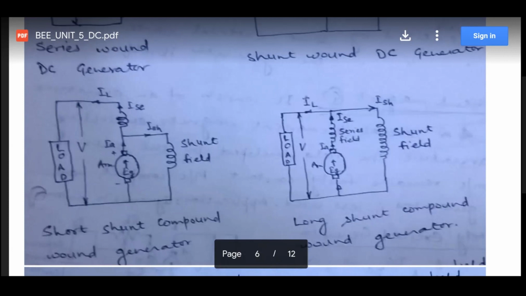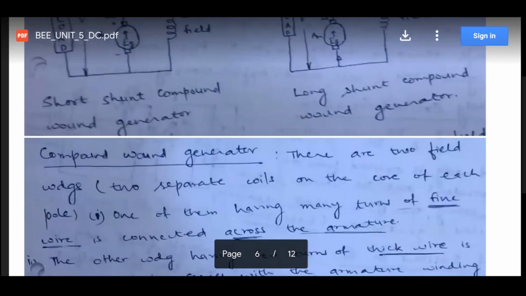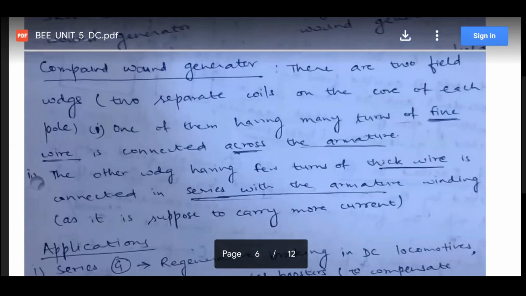And if the series winding is more, as shown in this diagram, all of the armature current passes through the series coil, and then it is divided into the shunt field. It is called a long shunt compound wound generator.